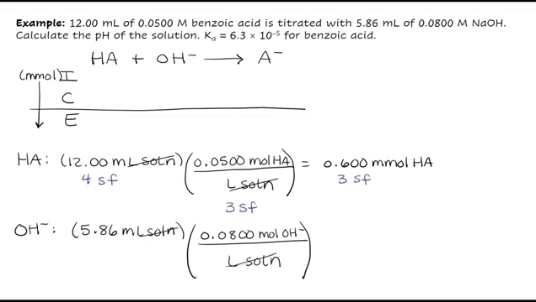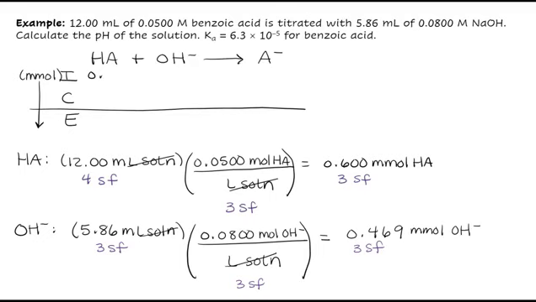Liters of solution will cancel, and just like the HA, we'll be left with millimoles. For our sig figs, we have 3 sig figs in our volume, 3 sig figs in our molarity, so our millimoles here will also be rounded to 3 sig figs. For the calculation, 5.86 times 0.0800 rounded to 3 sig figs gives us 0.469 millimoles of OH-.